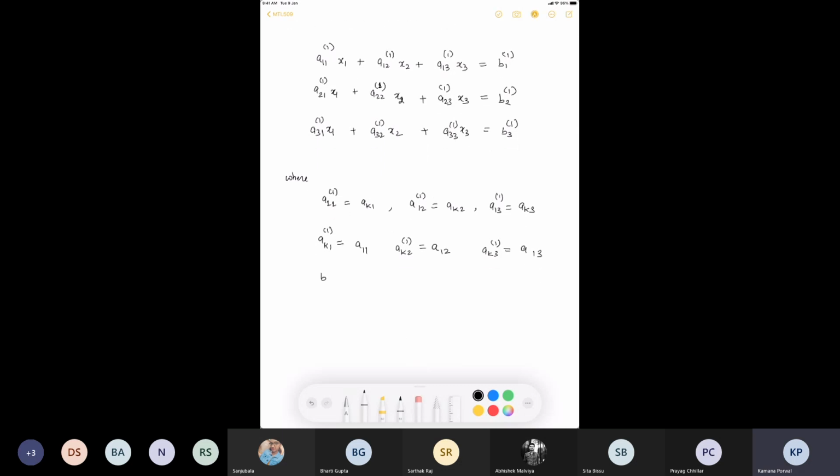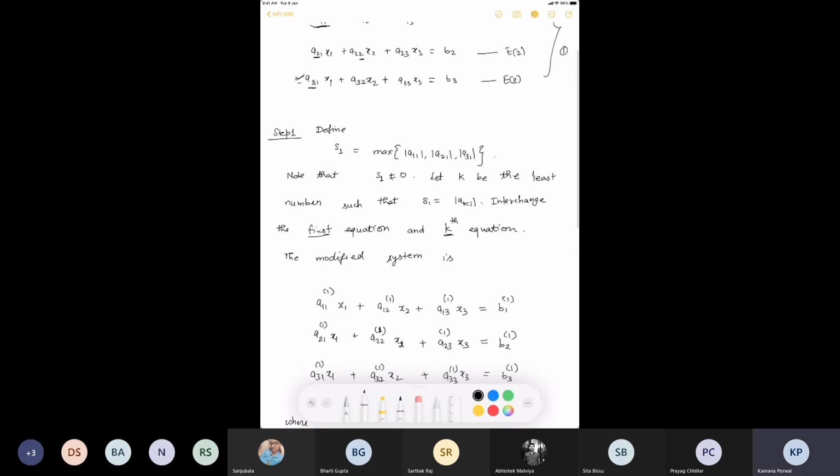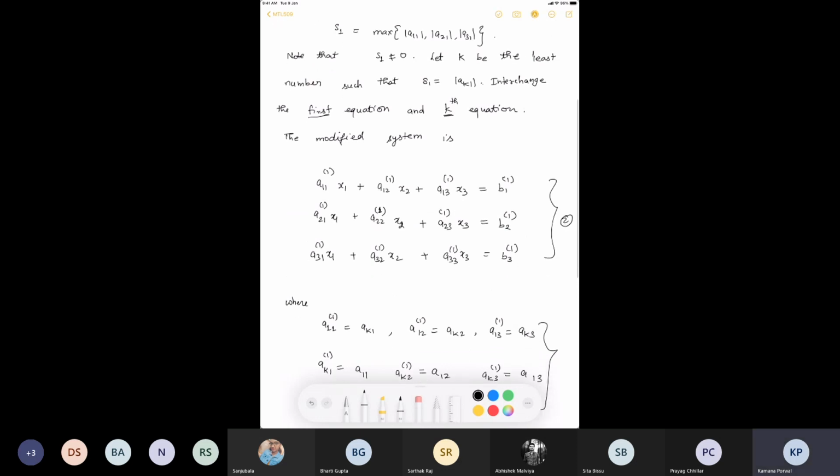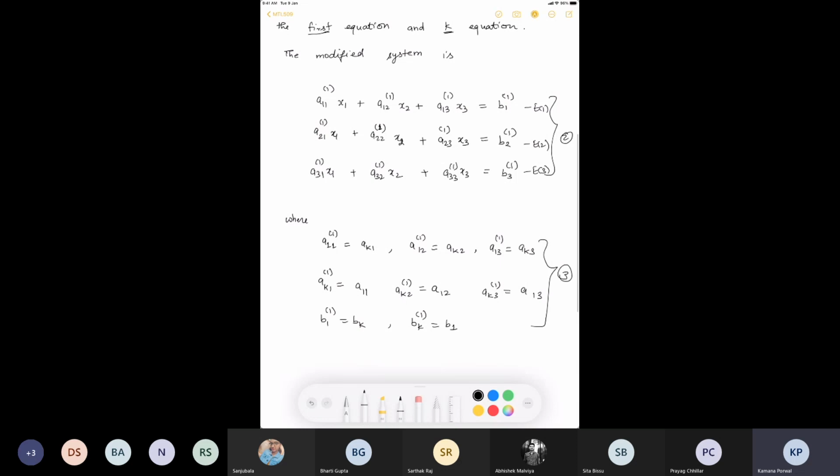And we will have B1^1 as Bk and Bk^1 as B1. Okay, so this is the first step. Let's call it system 2. And this again I'm going to refer to as E1, E2, and E3. And let's call it 3.